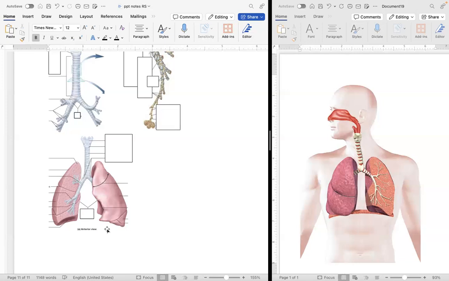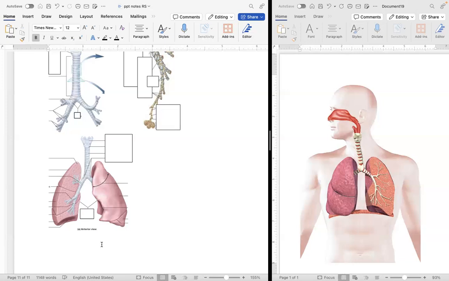And the lungs, we can see it here on the picture, have 3 main surfaces, each of which is covered by pleura, which helps reduce the friction when we are breathing, and the lungs are expanding and contracting via the lubrication.